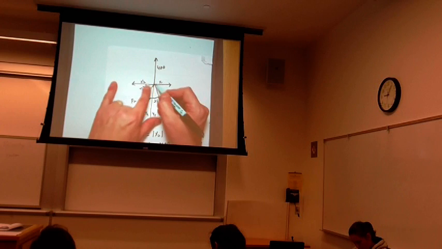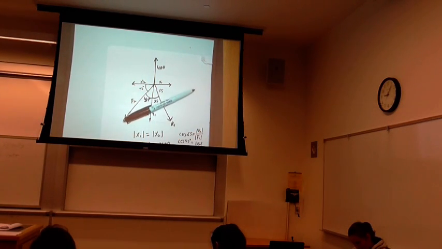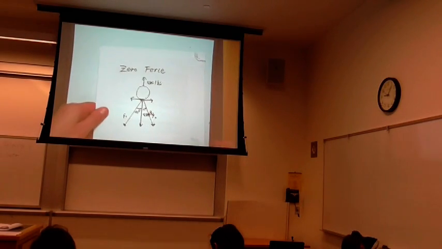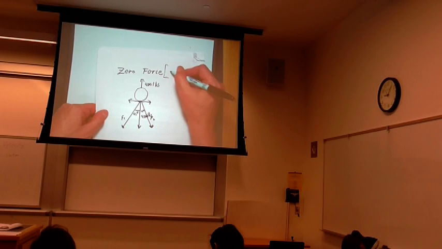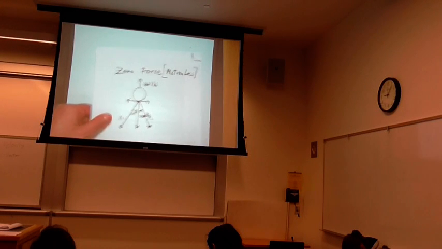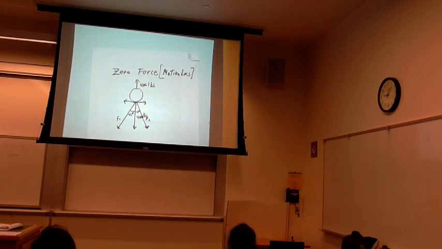But we know x1 and x2 have to be equal because x1 is pulling this way, x2 is pulling this way, and if they weren't exactly equal, the balloon would move. Remember, these are zero force, motionless. Whenever all the forces add up to zero, nothing's moving. The key thing you have to know from physics is if you have a non-zero force, something's going to accelerate.